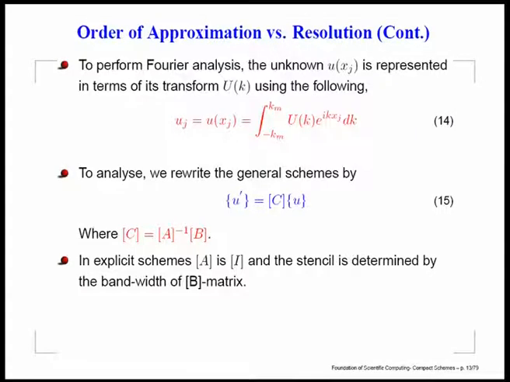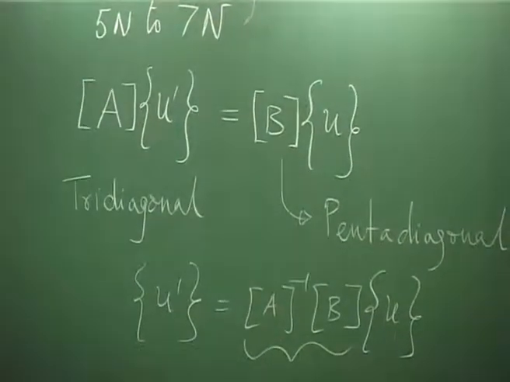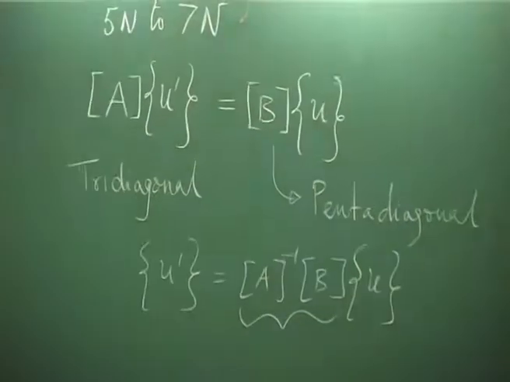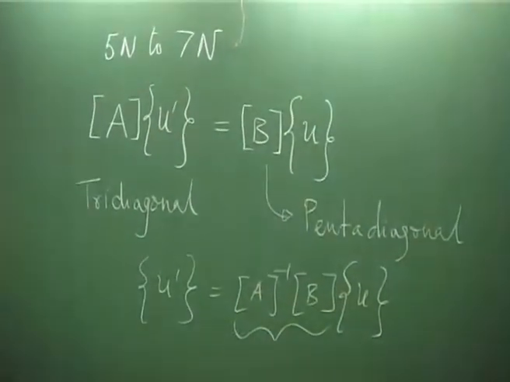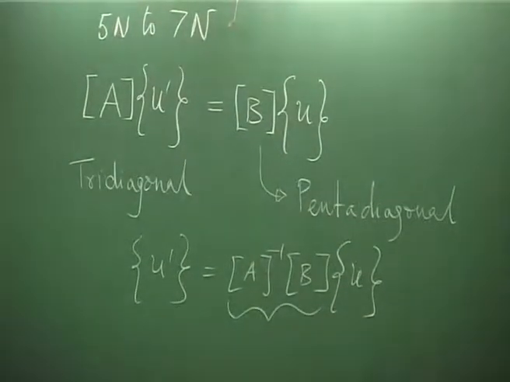Now, you also notice that if we are looking at an explicit scheme, what is A? A is going to be an identity matrix, because we are explicitly finding the derivative at one point in terms of the function values. So, that is what we said. Basically, we are trying to develop a framework where we can analyze a scheme. It does not necessarily have to be finite difference, finite volume or finite element.